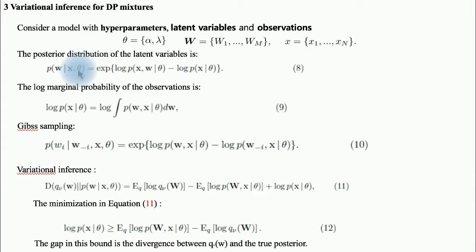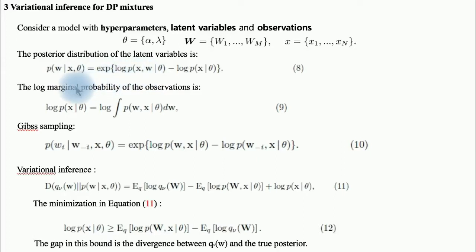Since there is no direct way to compute the posterior distribution under a DP mixture prior, variational inference provides an alternative deterministic methodology for approximating likelihoods and posteriors. Consider a model with a hyperparameter theta, latent variable w and observation x. The posterior distribution of the latent variable is represented like this.